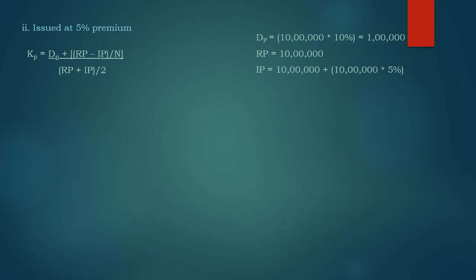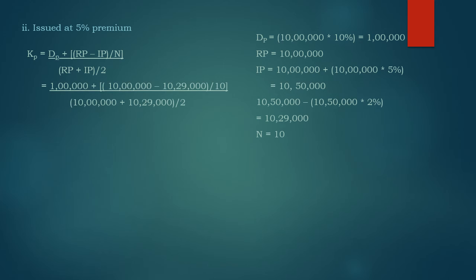So we will add this 5% and we will get 10 lakh 50,000. Now we will deduct 2% of underwriting commission, and we will get the actual issue price, which is 10 lakh 29,000, and N is the number of years, means total time period is 10 years. Now we will put these values in this formula and we will get the result, which is 9.57%.